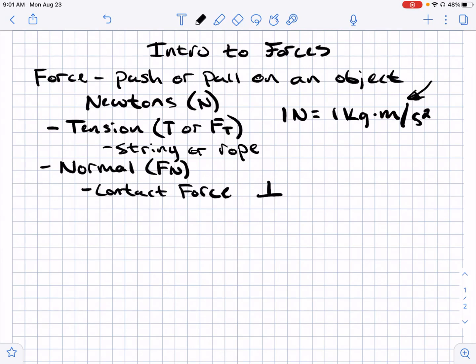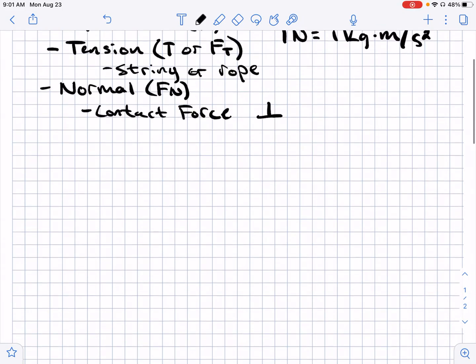Another common one is friction. For friction, we put F subscript F. There's a misconception about friction. When you ask somebody what friction is, they'll say it opposes motion, but that's not the case.